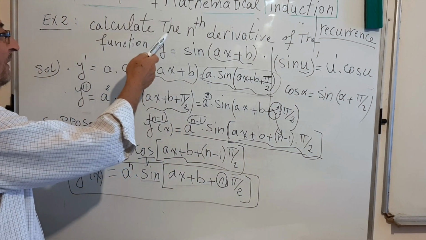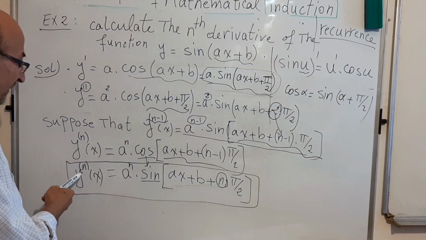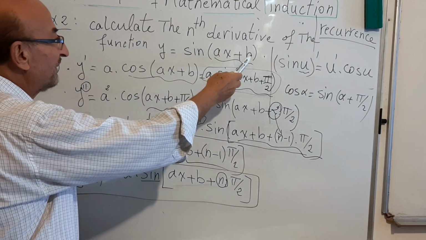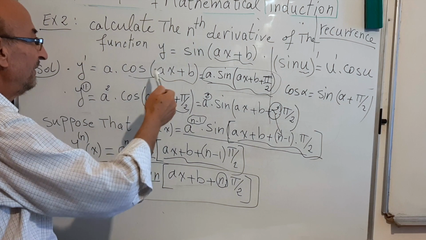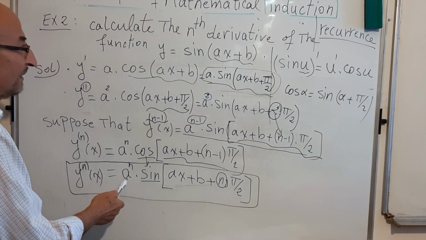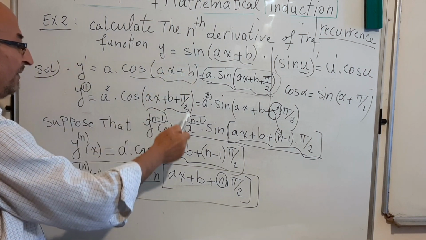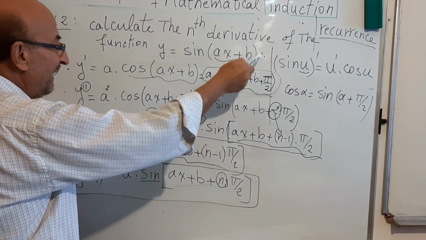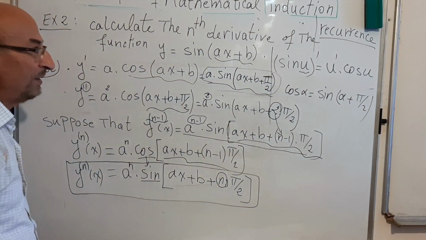So the nth derivative of sine ax plus b is a power n into sine ax plus b plus n times pi over 2.